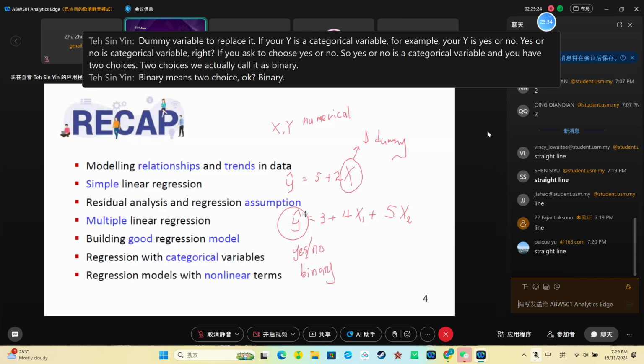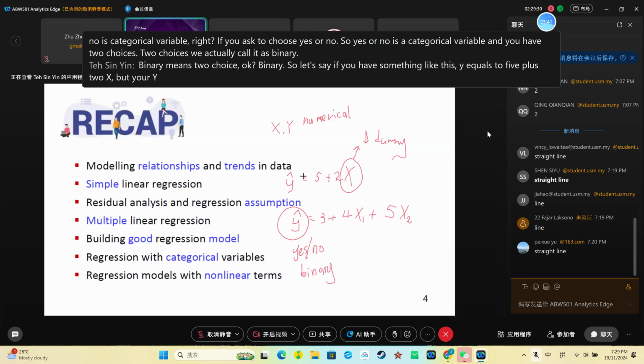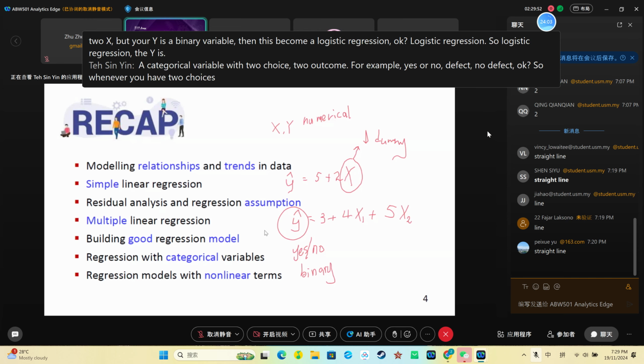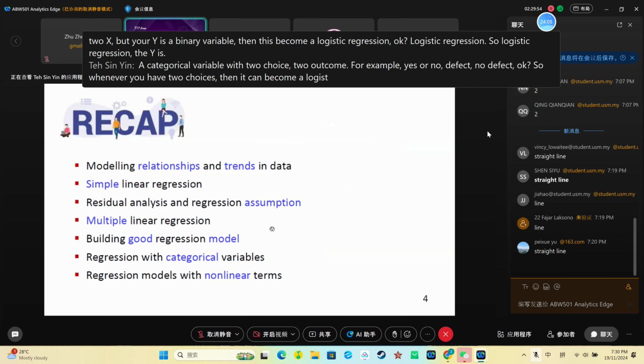So if you have something like y equals 5 plus 2x, but your y is a binary variable, then this becomes a logistic regression. In logistic regression, the y is a categorical variable with two outcomes, for example yes or no, defect or no defect. Whenever you have two choices, it can become a logistic regression.